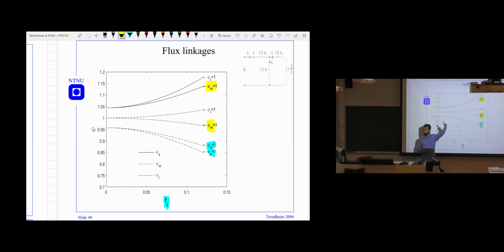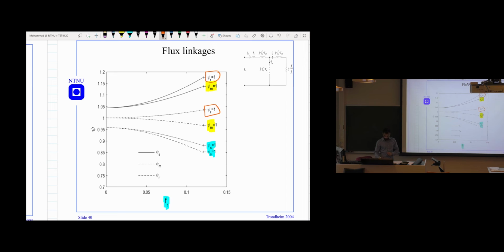So when we develop the control method, we see that keeping CM constant is not a good method, but we can try the other two methods. Keeping the stator flux constant is one method that you can use to control the machine. The other method is keeping the rotor flux constant. When the rotor flux is constant, you see that both of them are increasing. The stator flux is increasing very high, and we don't want the machine to be saturated.